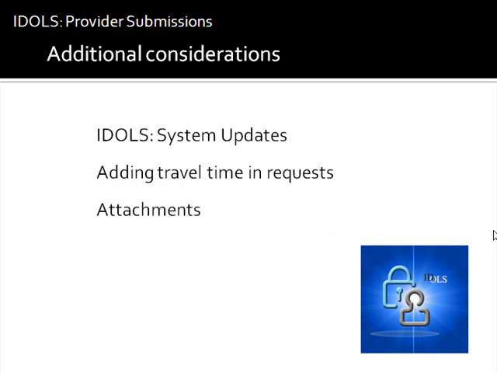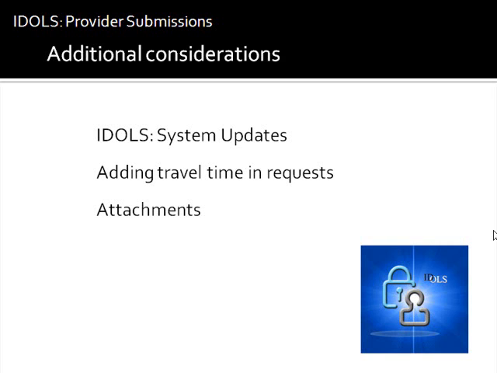And then finally, when making attachments available in IDOLS, it's important to know that only one attachment can be added to any request. So you may need to join separate documents within that same single Word file to be able to add multiple attachments to a request. This would be true for justification for safety supports or overnight supports.